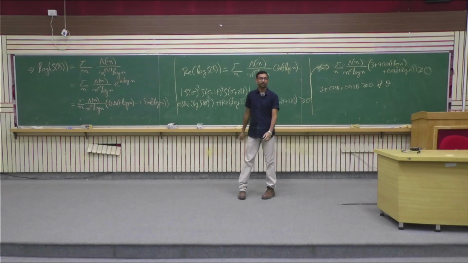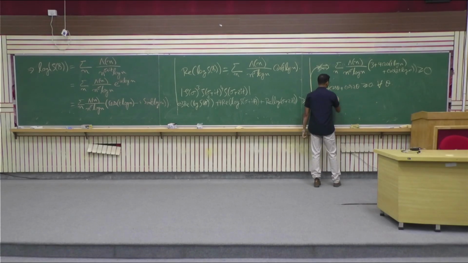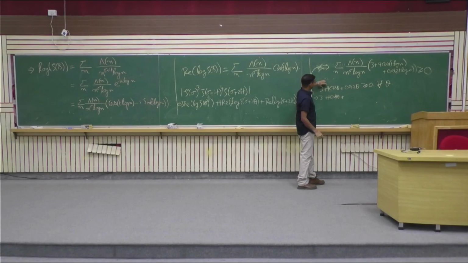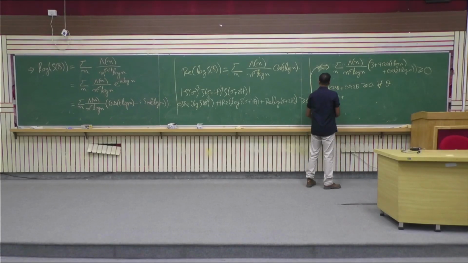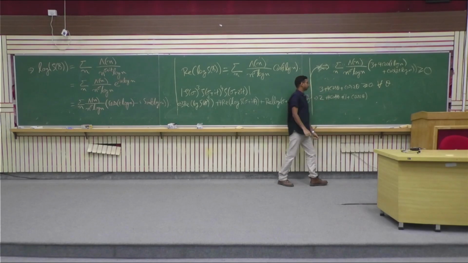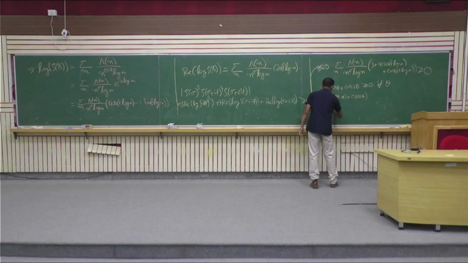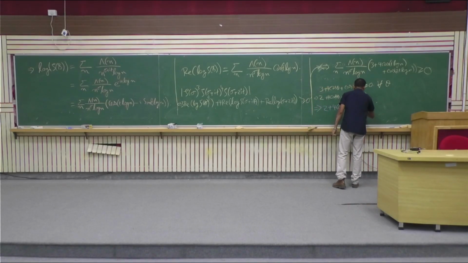Why? Cos 2 theta is 2 cos square theta minus 1, so this is equal to 2 plus 4 cos theta plus 2 cos square theta.